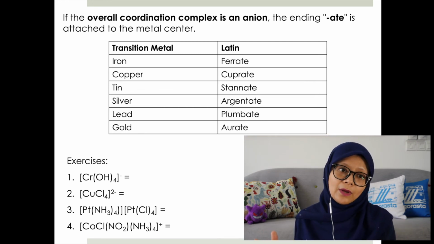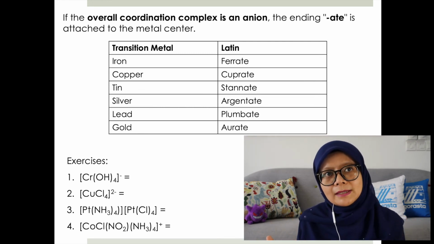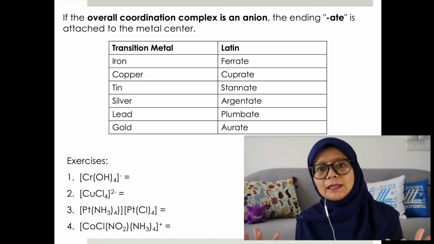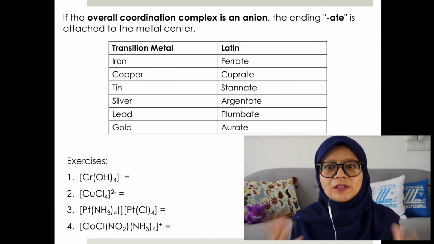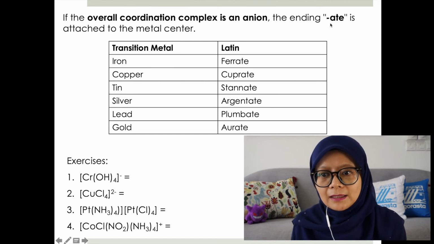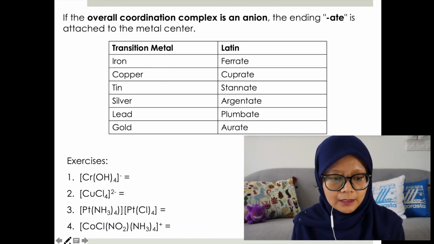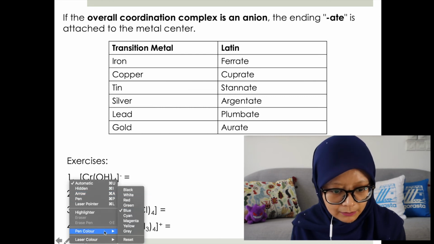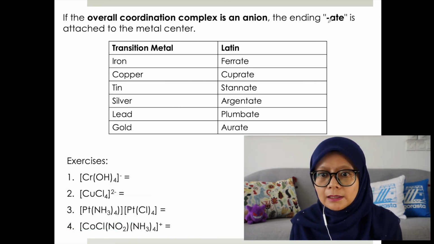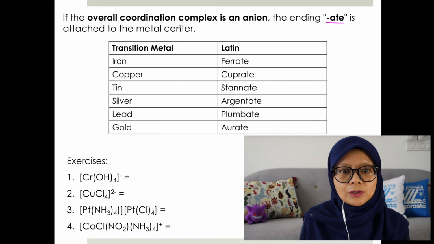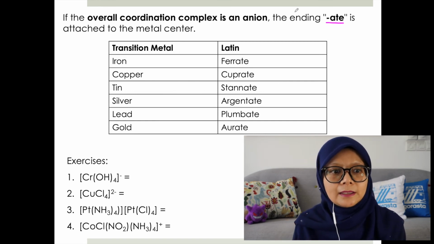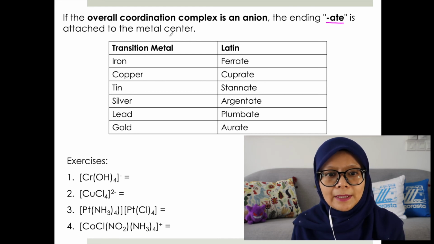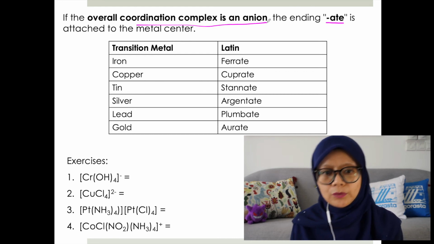So let's say if the overall coordination compound is an anion, meaning you have a negative charge, the ending -ate here is attached to the metal center. You need to add -ate overall to the metal center if the coordination complex is an anion.